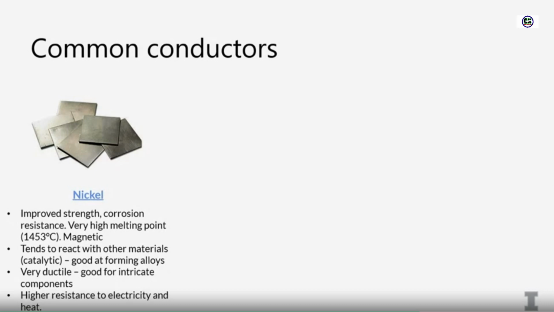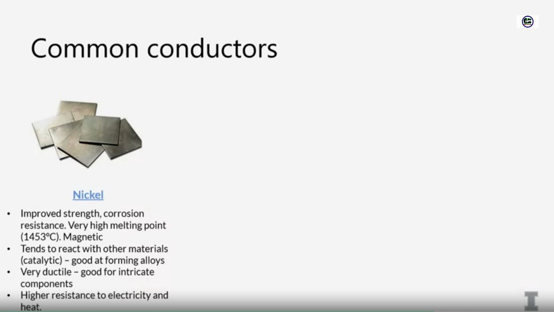If you want to mix nickel together with other metals, that's a good thing. But it's a problem if you have a plate of nickel and some aluminum pressed up against it. Those metals will interact with each other, and it'll form a new metal on the boundary between them, which is not conductive. So problems like that can happen.